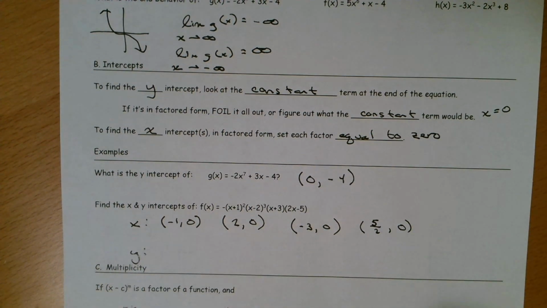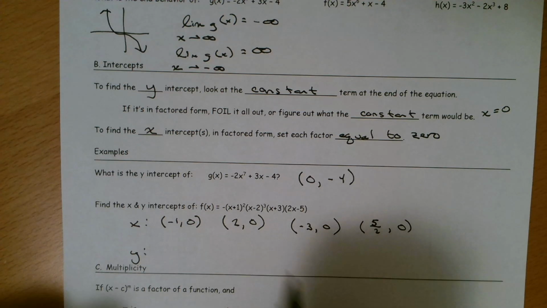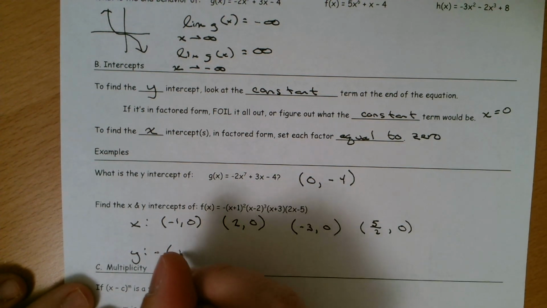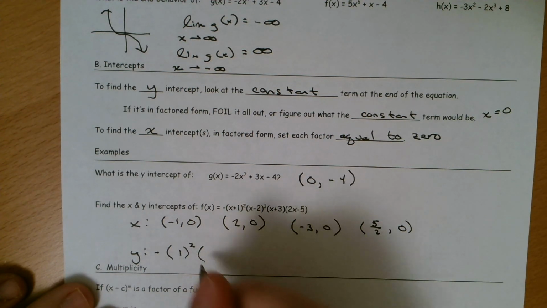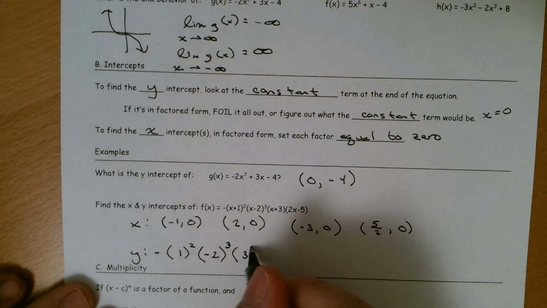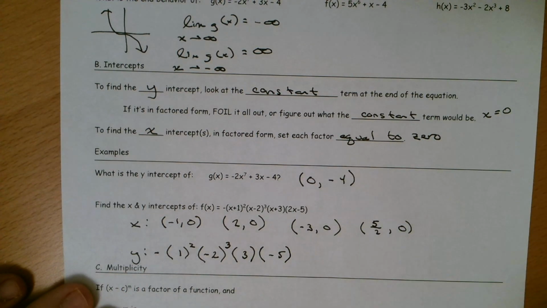Our y-intercept, now we could FOIL all this out, or we could just plug in 0 for x. So that's all we're going to do. We've got negative, plug in 0 for x, so we got 1 squared times negative 2 cubed times 3 times negative 5.